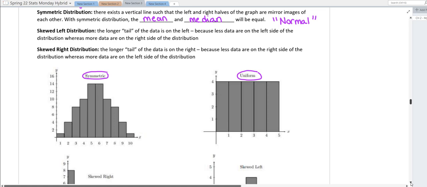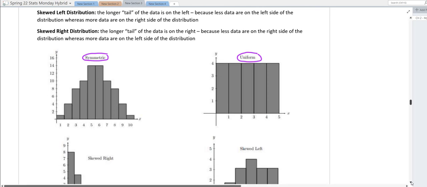Then we have our skewed distribution. So if you look down a little bit, you can see the skewed. In a skewed left distribution, you're looking at the tails of the distribution, not the humps. Less data are on the left side of the distribution. And for the skewed right, less data is on the right side.